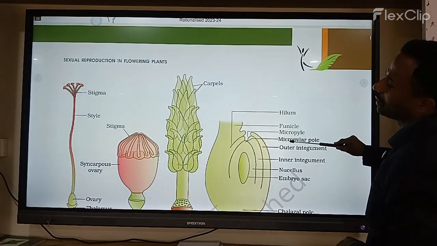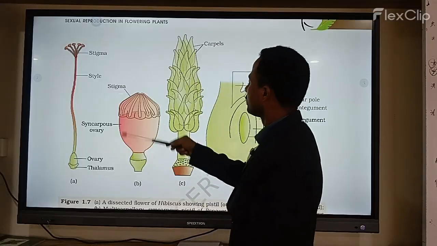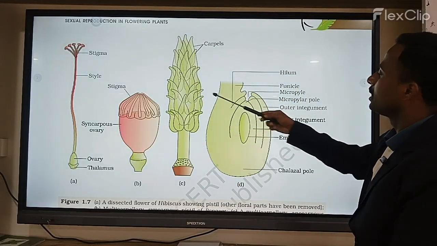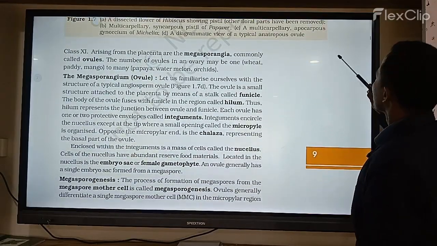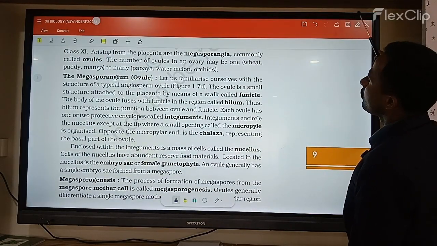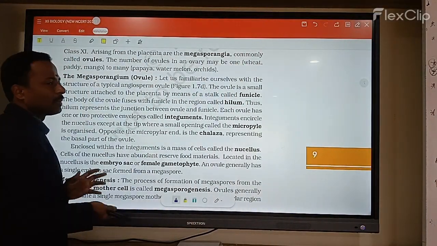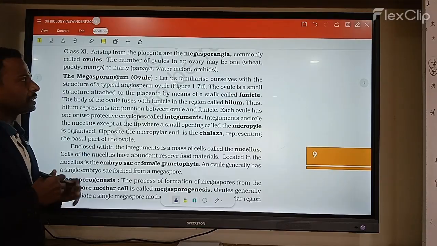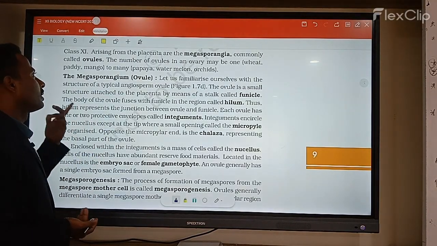Stigma, style, ovary are given clearly here. This is a syncarpous carpel, and this is a completely apocarpous condition. The different placentations we noticed are marginal placentation, axial placentation, parietal placentation, and basal placentation.